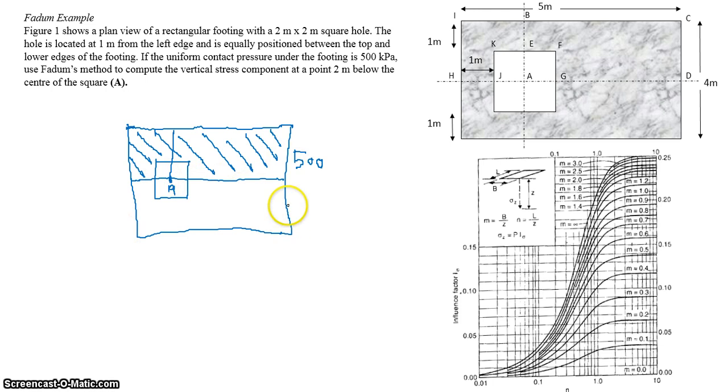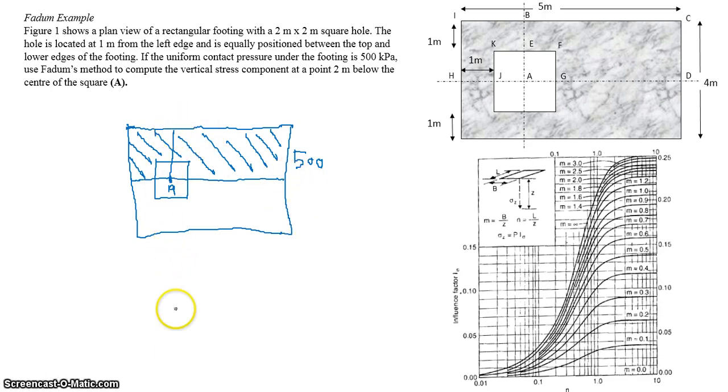first, usually we have to label the squares that we are interested in using to find the influence factor.